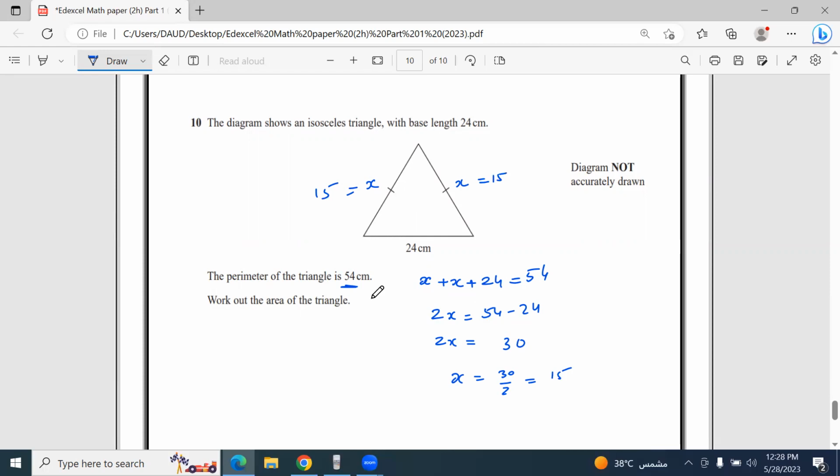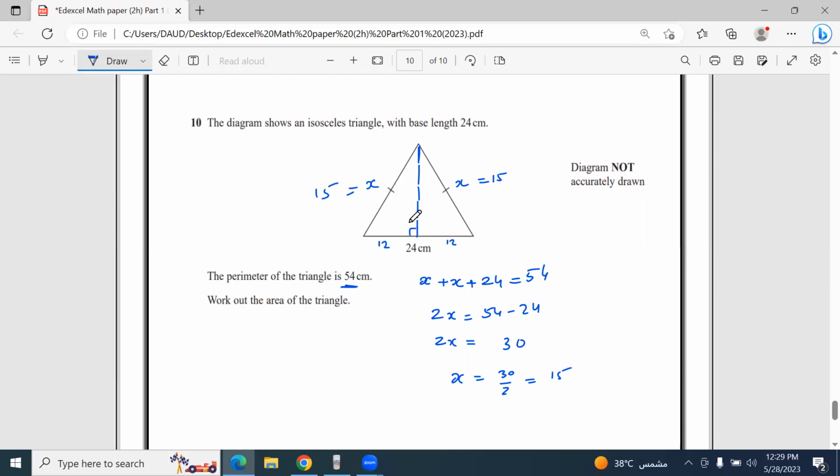For finding the area of the triangle, we need a perpendicular bisector. If you draw a perpendicular or height from here, this divides the base length 24 exactly into two parts. And here you can see 90 degrees. It means now we have 12, 12.